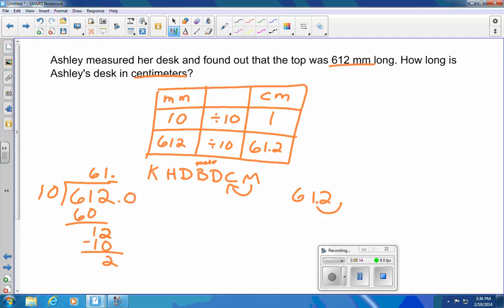And I've got to bring down that 0, and it's going to go in 2 times out here. So that is still 61.2. So regardless of whether I choose to do the division problem or I just choose to hop my decimal like I did out here, it's going to work either way. So this is just a quick way to do your metric conversions.